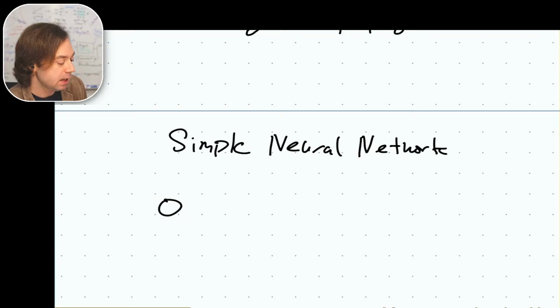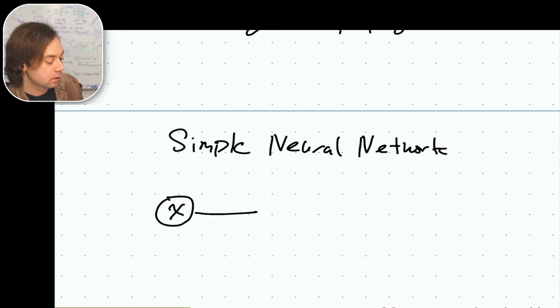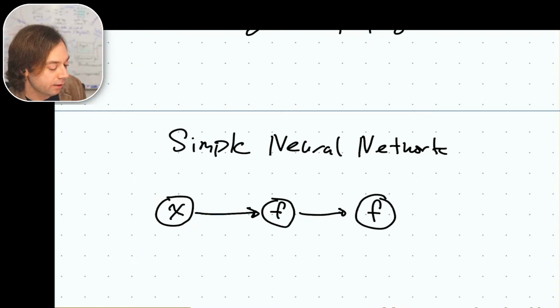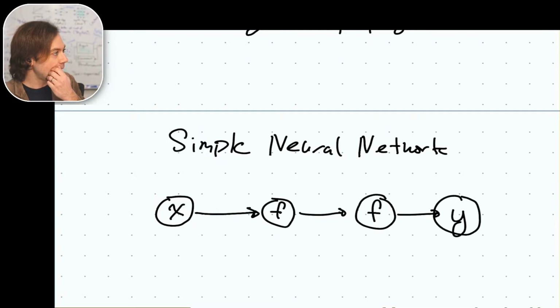Let's say we have our input X, which goes into some activation function. We'll call it F. Activation function F goes into some other activation function F, and then comes out as some output Y. And that's the simple neural network.